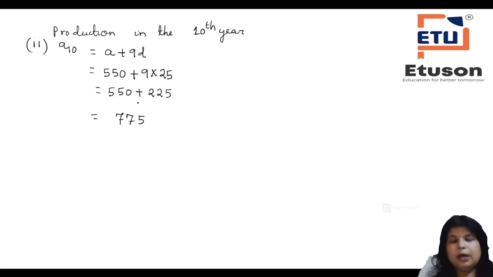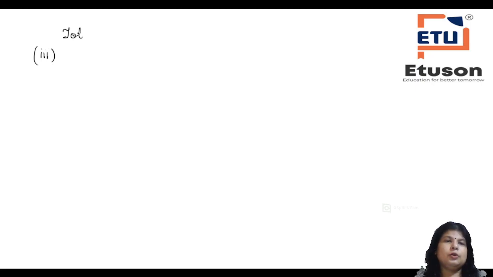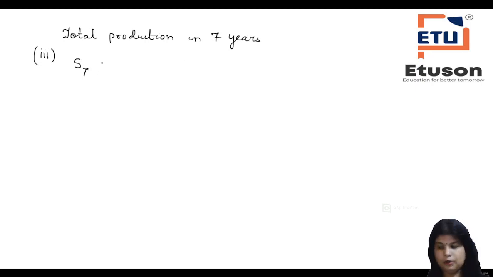Now in the third part you have to find the total production in 7 years. When you are talking about total production, you have to find the summation. So here you have to find S7. And we know the formula.